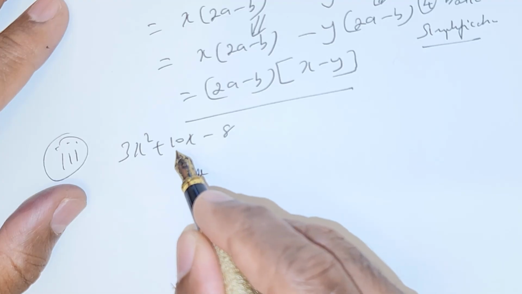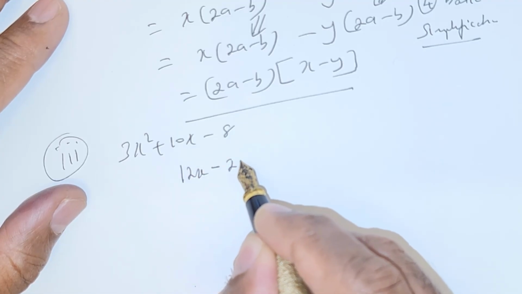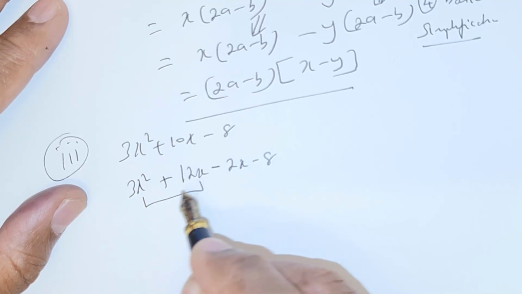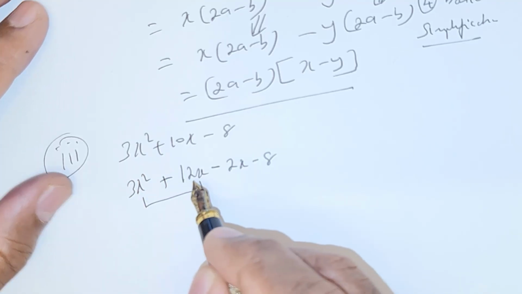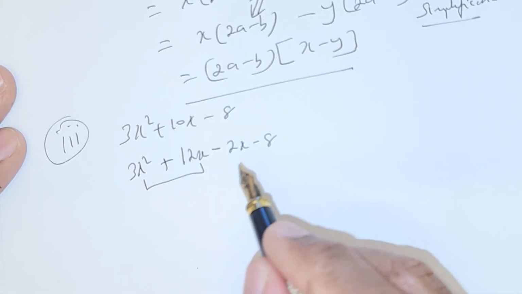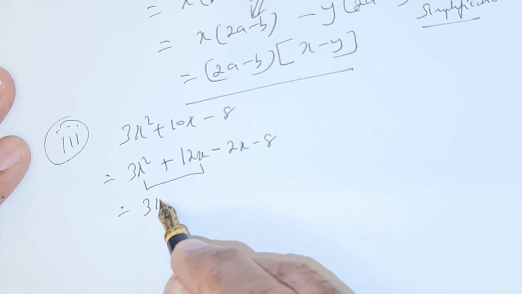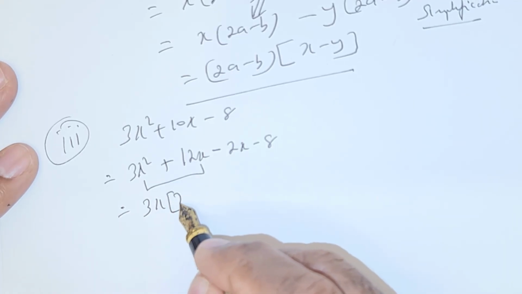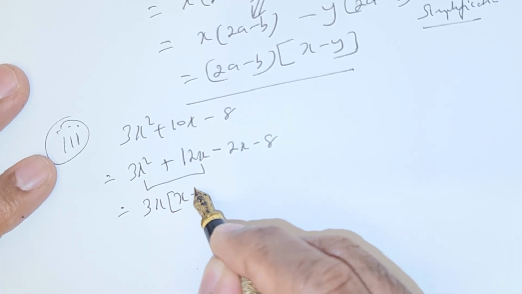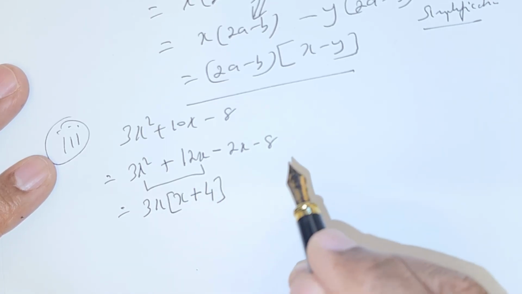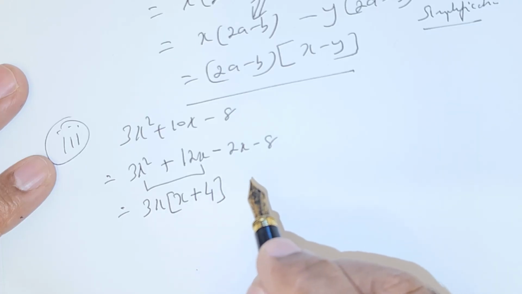So I write 10x as 12x, and I need to remove 2x, followed by 8, so that 3 divides this 12. If I do this, then I can take 3x as a common factor. That would leave me with x + 4, since 3 divides 12 four times. So this is what I got.